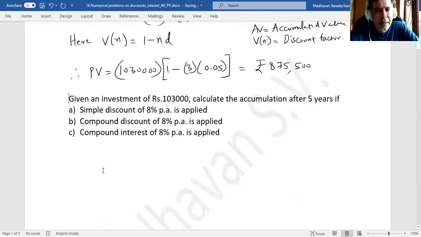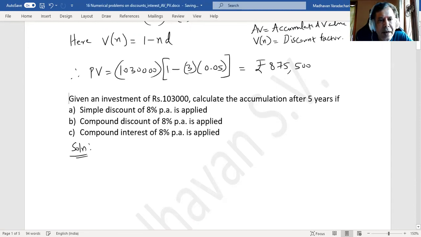It says, given an investment of rupees 1,03,000, calculate the accumulation after 5 years under three cases: simple discount, compound discount, and compound interest. Let us go one by one.